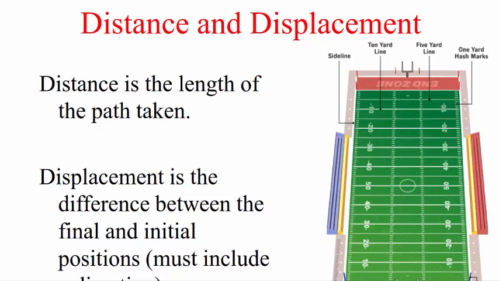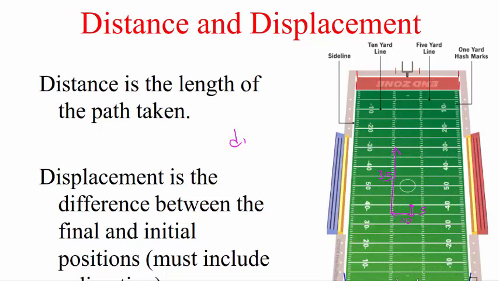So if we had a football player and they started on their own 40-yard line and they dropped back a little bit and they went over and then they ran down the field, well, our total distance would be, well, we'd be going back 5 and then across about 10. And then we'd be running up from our own 35 up to their 30. And so that would be 10, 20, 30, 35.